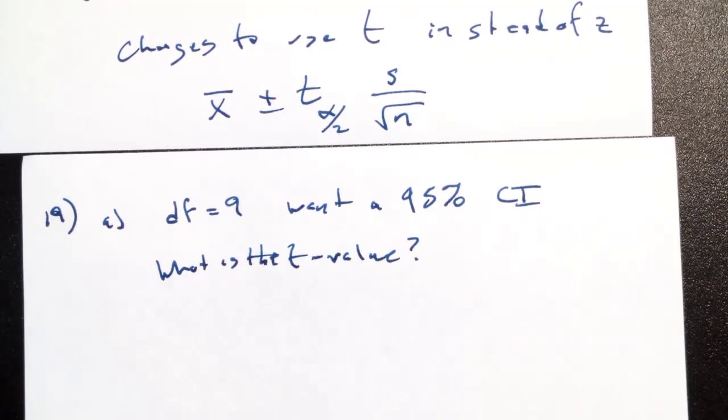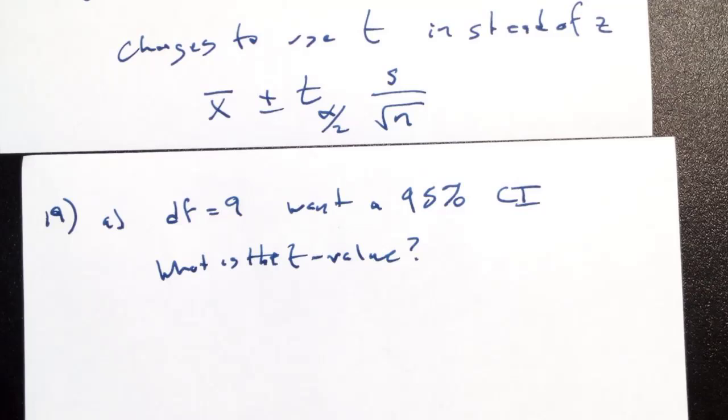So let's just start by trying to figure out which t-value we need. I'm going to do this 3 different ways for you. Let's do the first way out of the textbook.